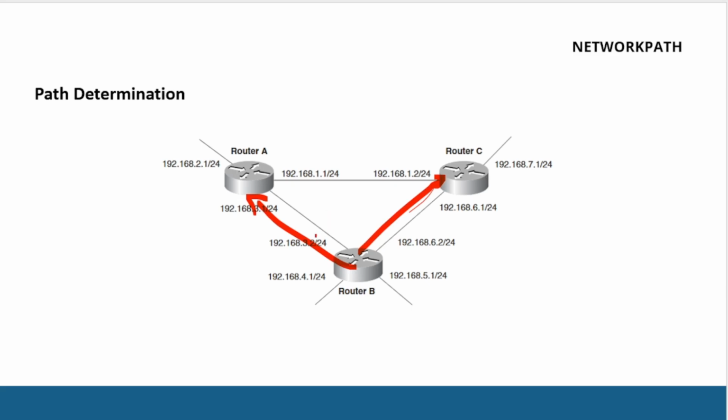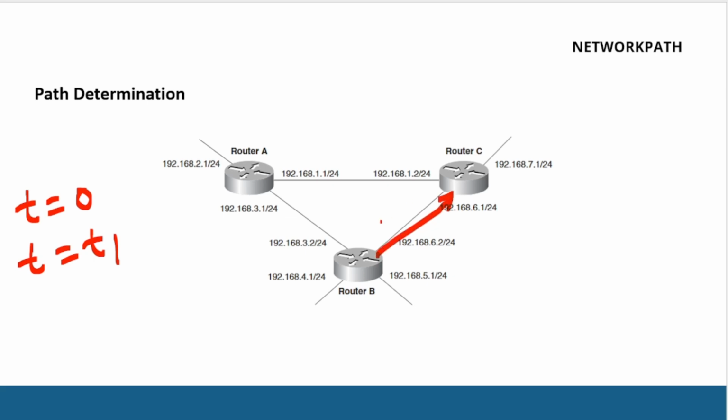But if you look carefully, let's say it is time t equals 0, and at this point no routes are exchanged. At t equals t1, router B will share that route with A and C. Now A will get this information and update its routing table.